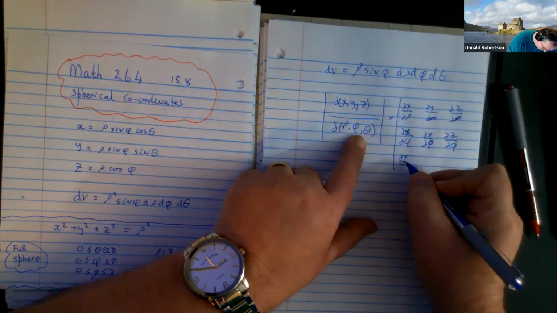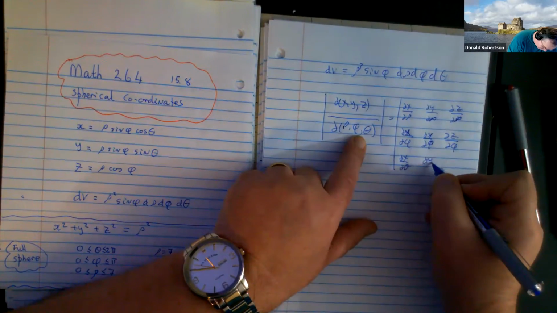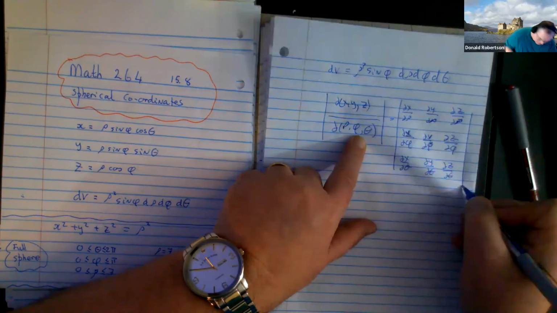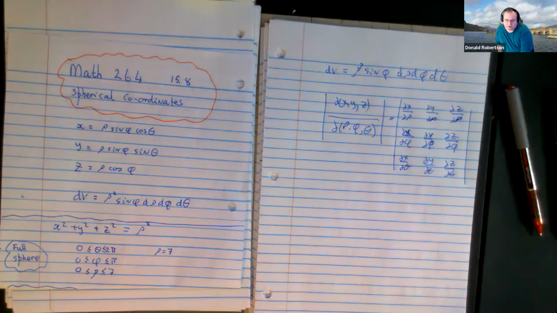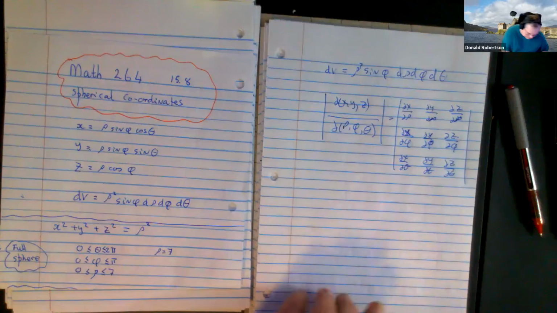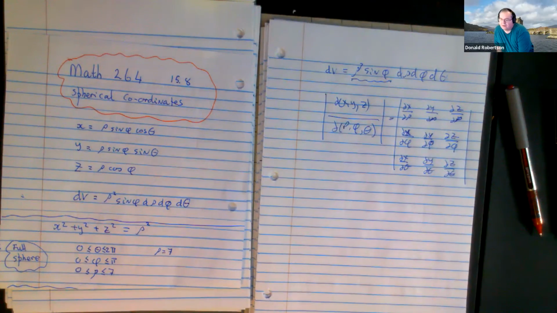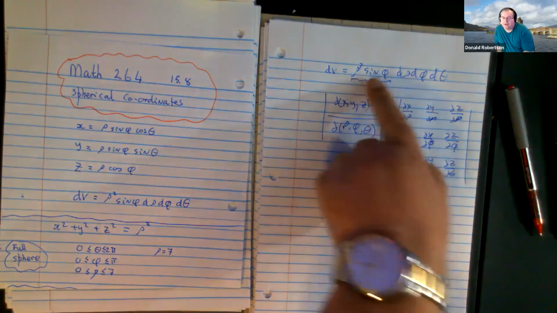So you do x with theta, y with theta, and z with theta. Now, if you've done math one, it's 252, isn't it, linear algebra? Do you remember finding the determinant of a 3x3 matrix? Can you trust me that that ends up simplifying to him? So that's why spherical coordinates have that little extra guy.